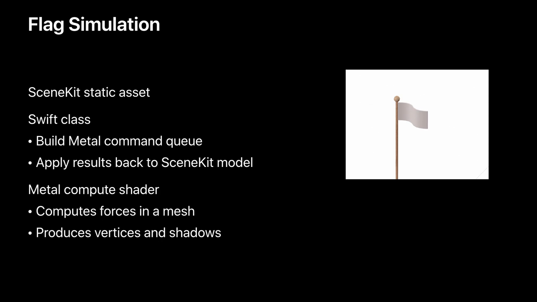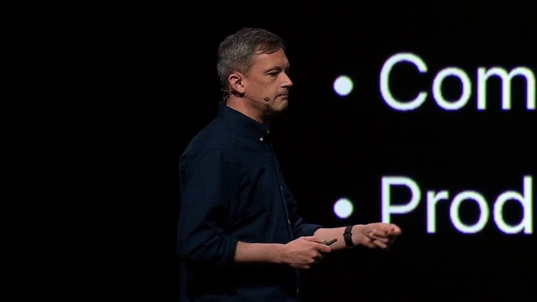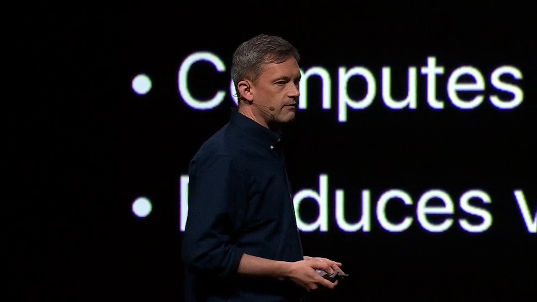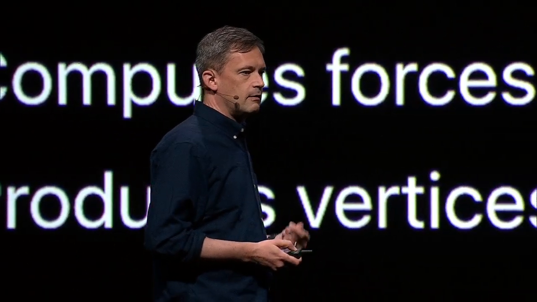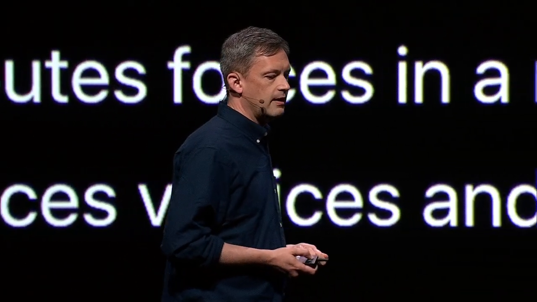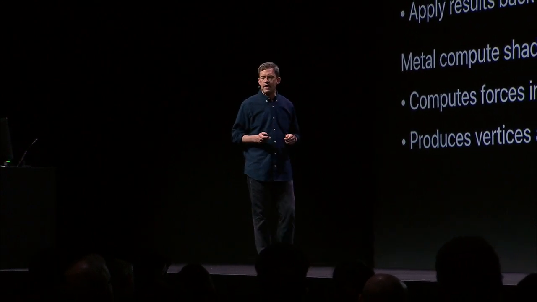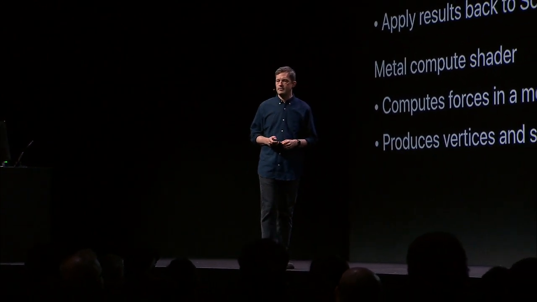We then also run another compute shader to compute normals for the surface, so we can get a great smooth flag look without a huge number of polygons in the scene. And it really makes the flag look amazing. Each frame, the shader updates the geometry of the mesh to its new position. By taking advantage of the GPU in this way, we get a great effect without impacting the main CPU.